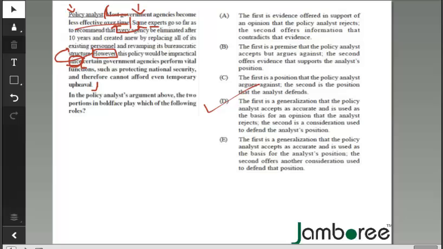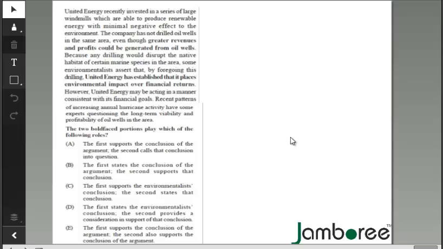So let's try to do one more. This is like the highest difficulty level GMAT question. In GMAT they have different difficulty levels, and this question is of the absolutely highest difficulty level.